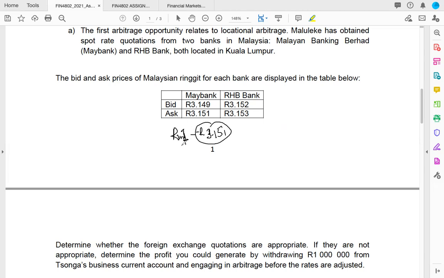You take this 1 ringgit and sell it to RHB Bank for 3.152 rand. So initially you started off with 3.151 rand and now you have 3.152 rand, which means you will have made a profit of 0.01 rand per ringgit. Of course, you're going to buy more than 1 ringgit because you might have a lot of money.